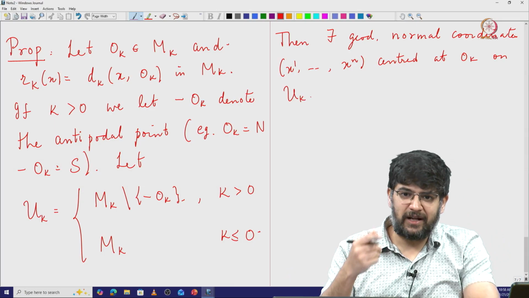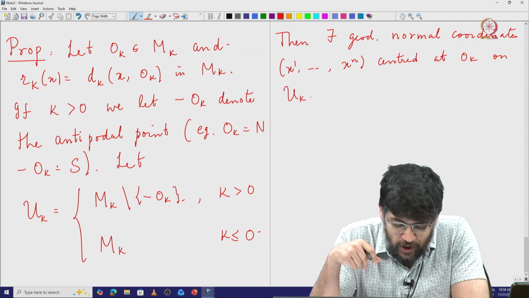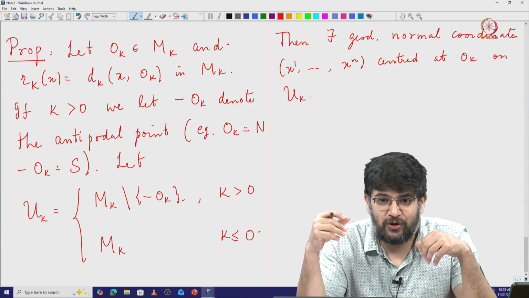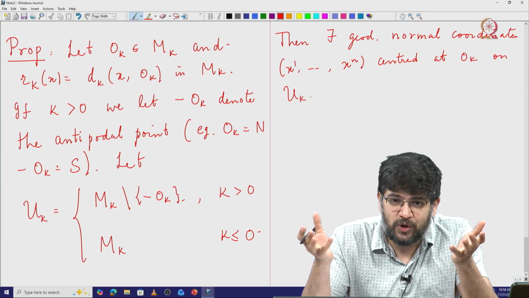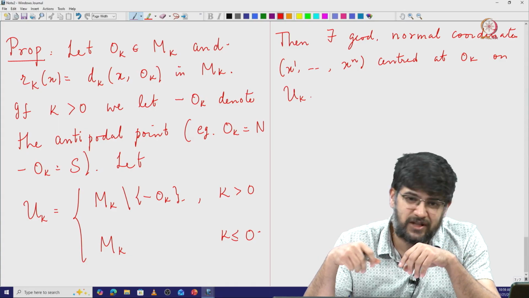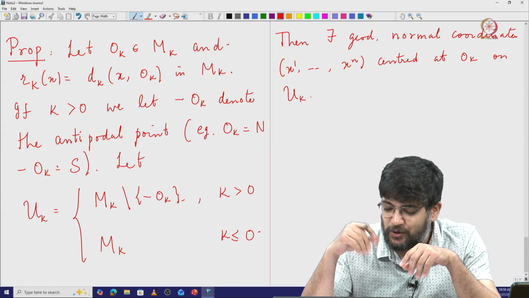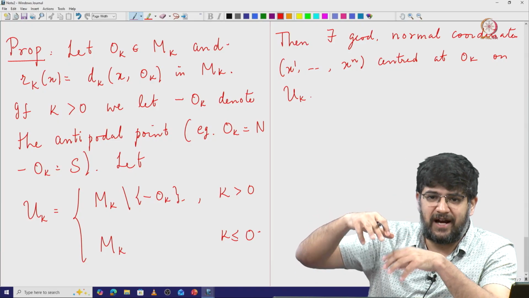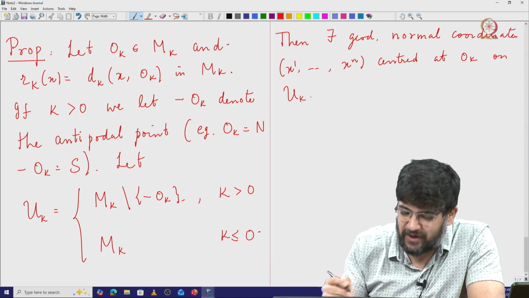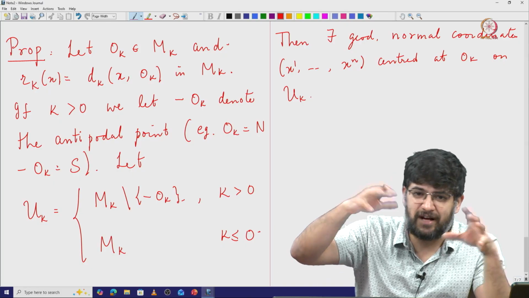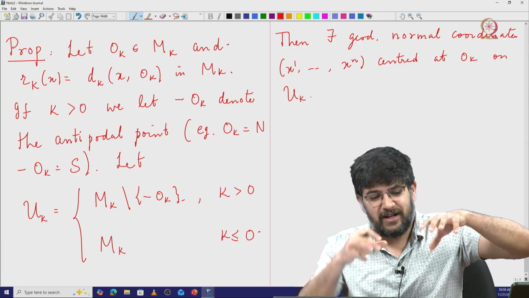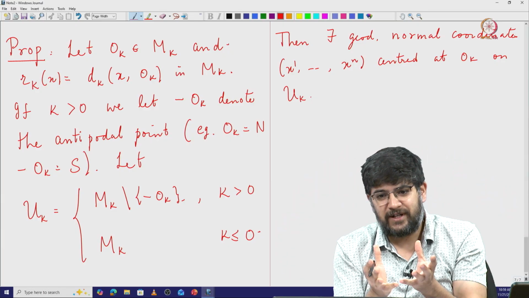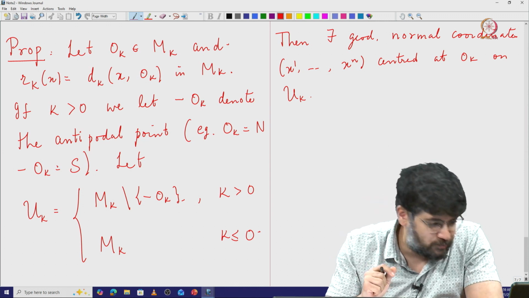So, for instance, if you are dealing with Euclidean space or the hyperbolic space, then you actually have global geodesic normal coordinates, which of course follows from the Cartan-Hadamard theorem, right, because the exponential map is a diffeomorphism. Okay. On the other hand, if you are working with the sphere, then maybe I will draw a picture, but you only have geodesic normal coordinates. Let us say you are looking at the north pole as the center, then you have geodesic normal coordinates on the entire sphere except at the south pole. Okay.